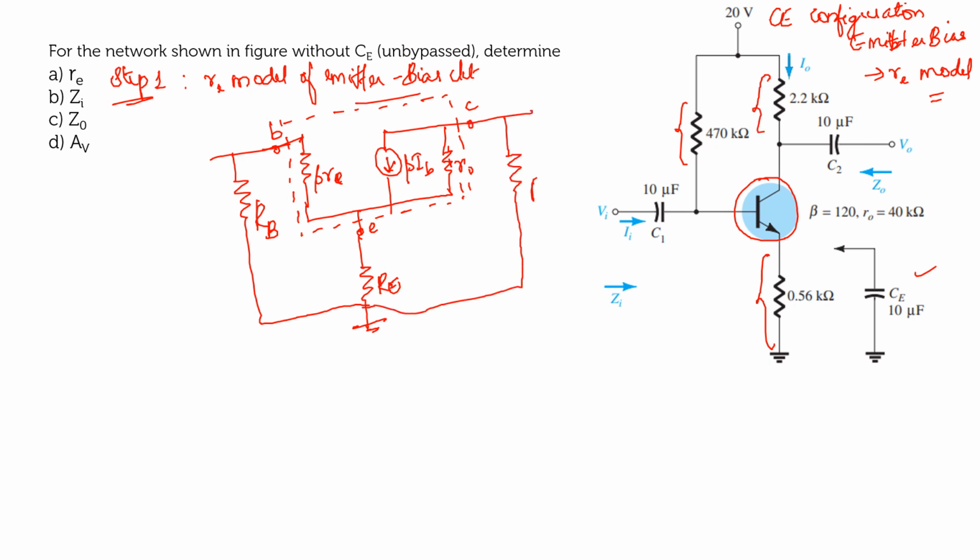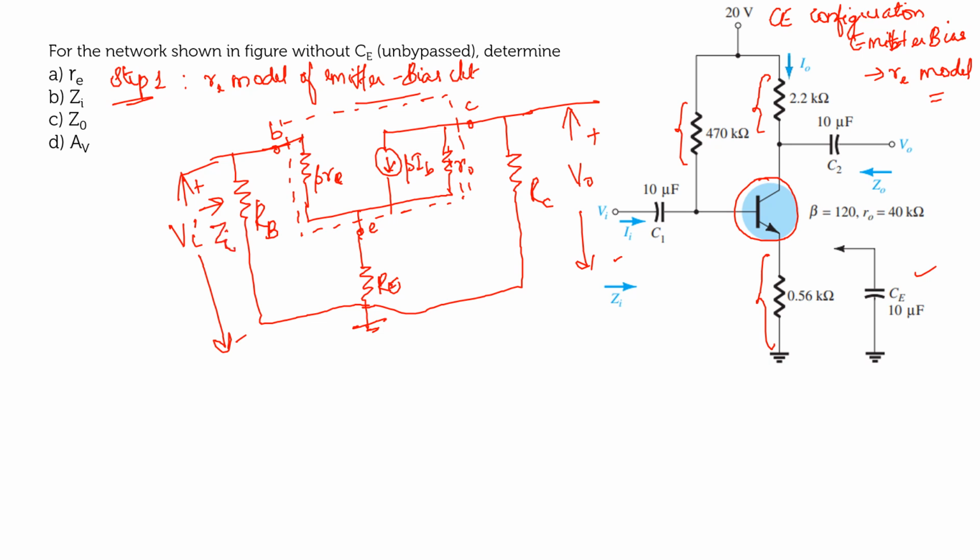I hope that since we have done a lot of problems, you know how to convert it into an RE model. The basic steps remain the same. So this will be your input and here you will be getting the output, right? Plus minus, and here it is plus minus. So what will be your input impedance and output impedance? Looking towards the circuit from the input side, here you have Zi.